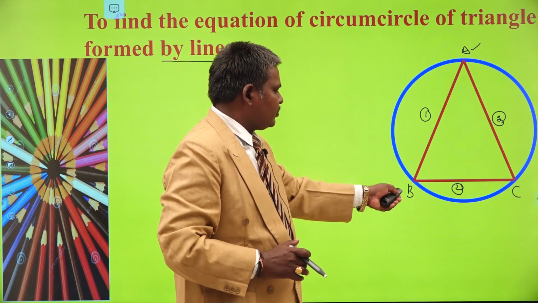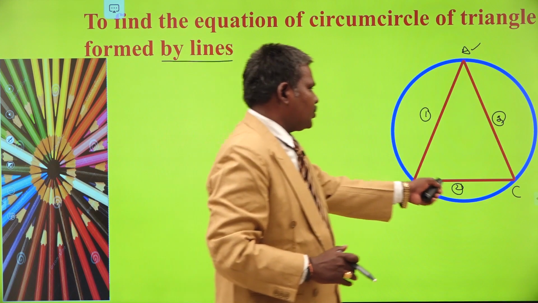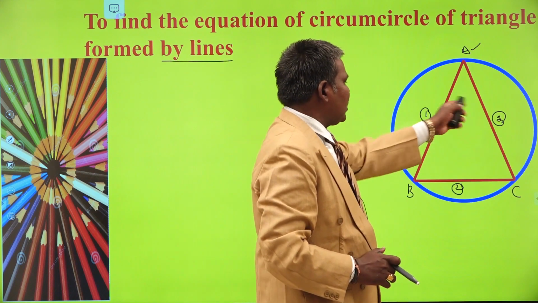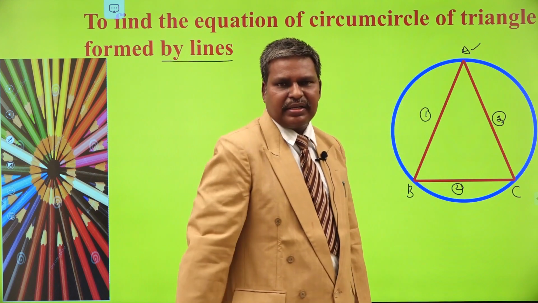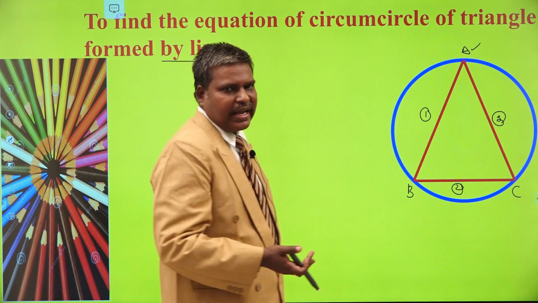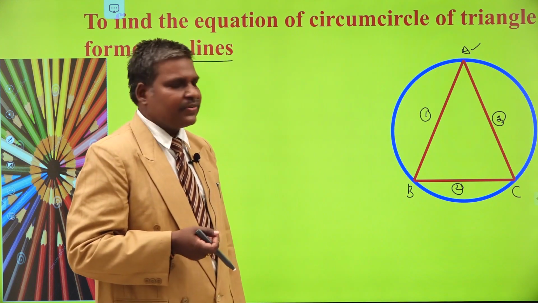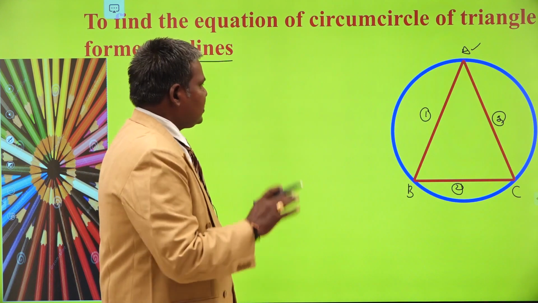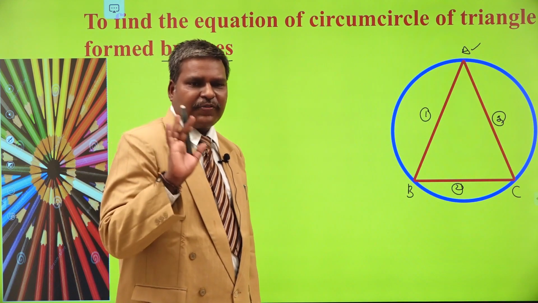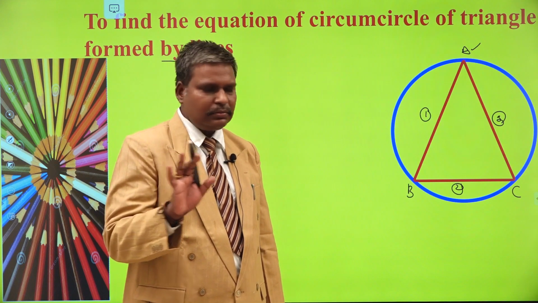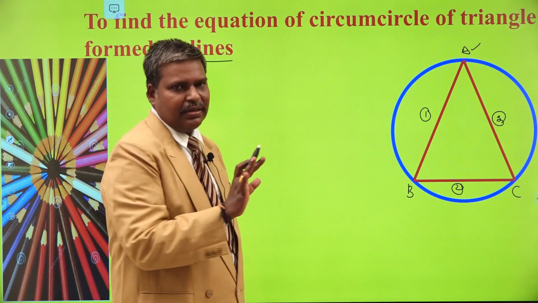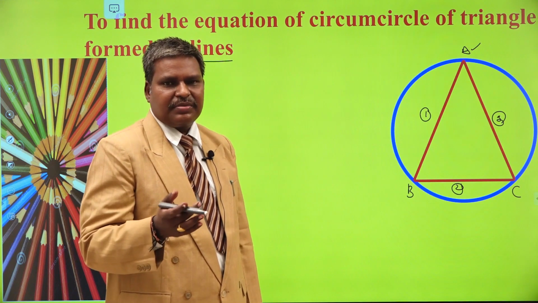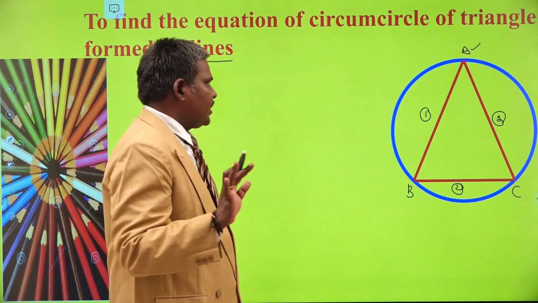Solving 1 and 2, get 1 point. Solving 2 and 3, get another point. Solving 1 and 3, get the third point. After getting the vertices of the triangle, you can easily write the equation of the circle passing through the 3 points by the previous method. That is one method.